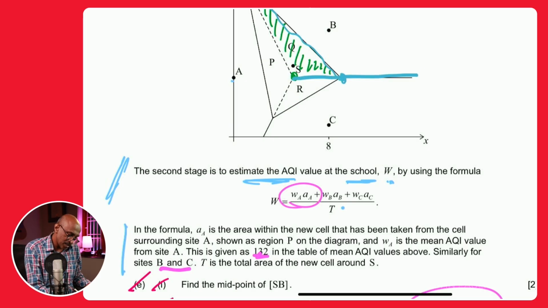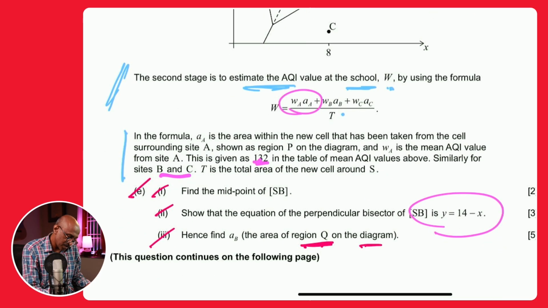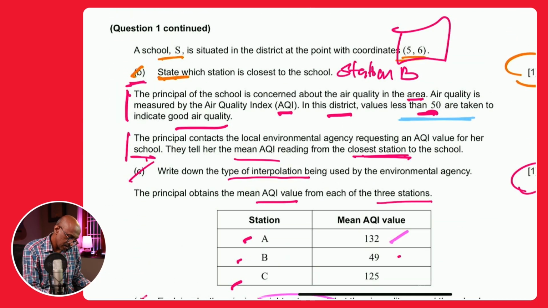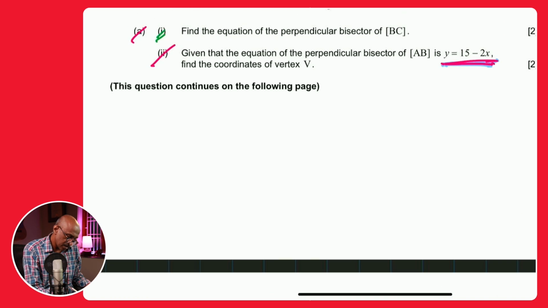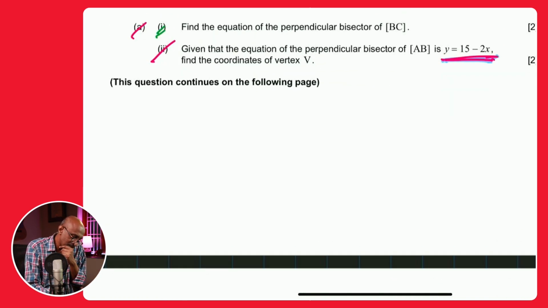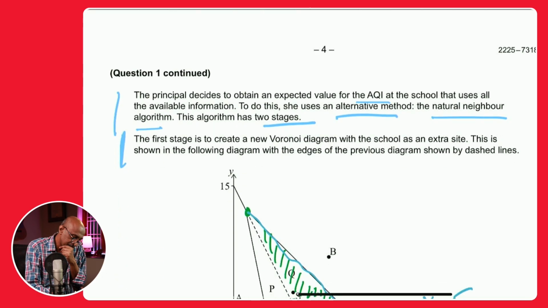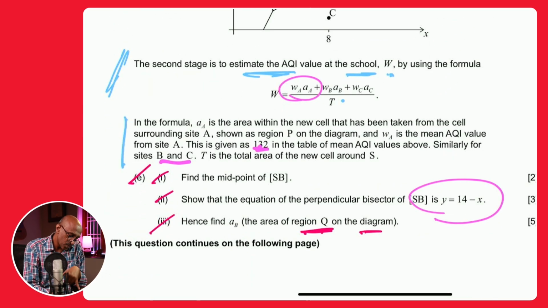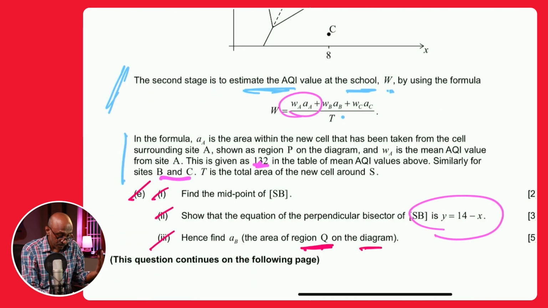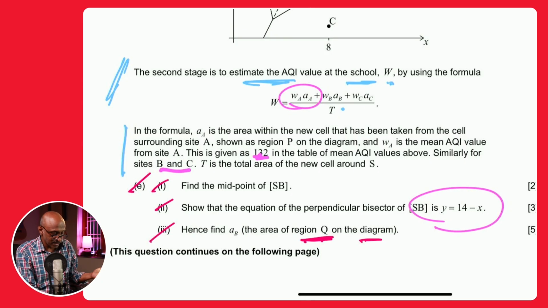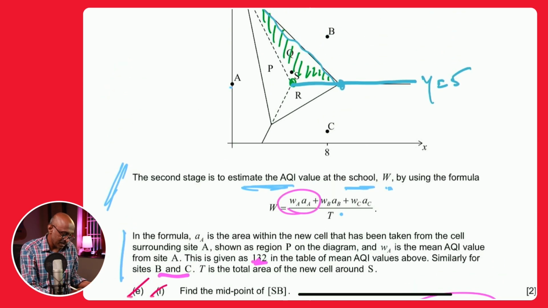I think this line had equation y equals 5, and this one was given in the earlier part. Yeah, that's the line, 15 minus 2x. So the point of intersection between 15 minus 2x and 14 minus x, and the point of intersection between 14 minus x and y equals 5, should give us these 2 points that we're looking for.